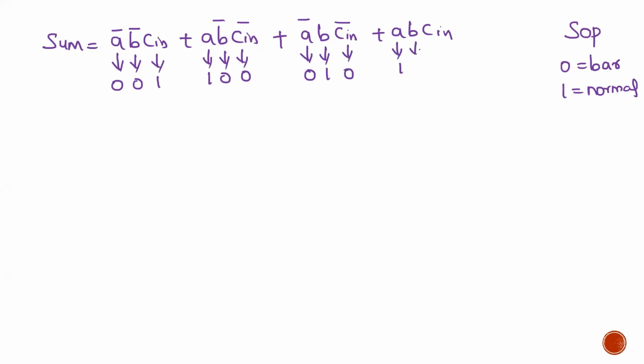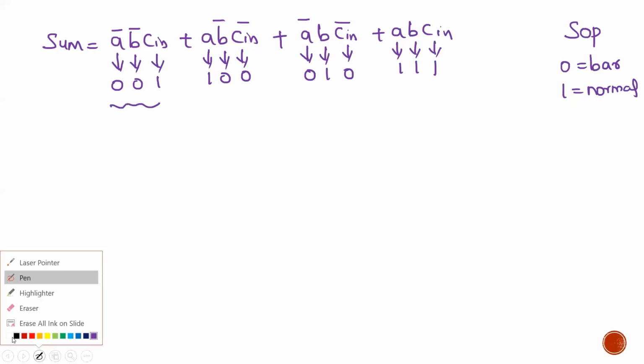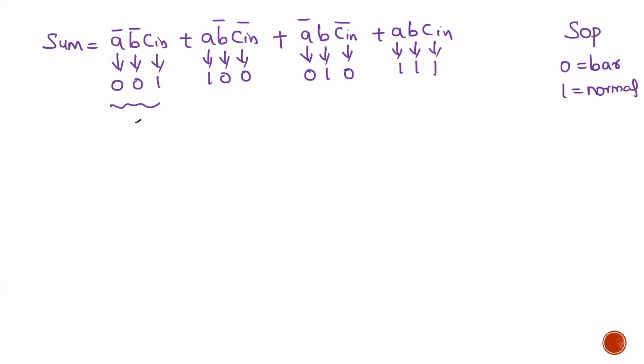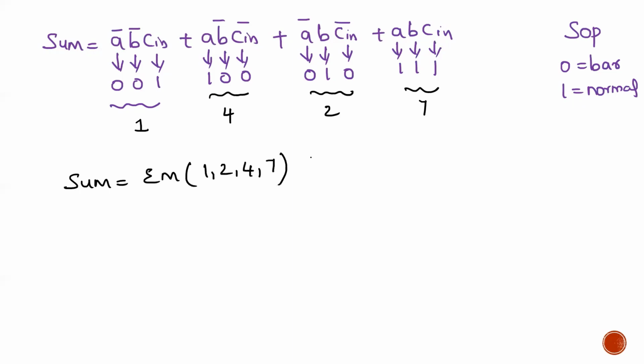This one will be 1, 1, and 1. Now what is the equivalent for 0, 0, 1? The equivalent for 0, 0, 1 is nothing but 1. And for 1, 0, 0, it is 4. And this is 2. This is 7. So sum can be written as sum is equal to sum of minterms 1, 2, 4, 7.